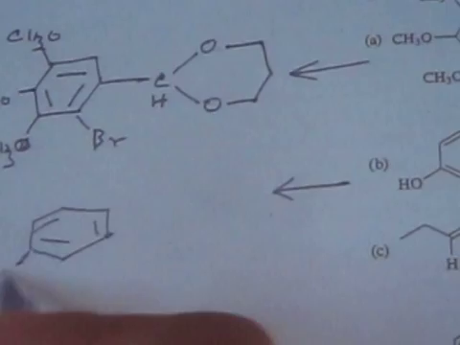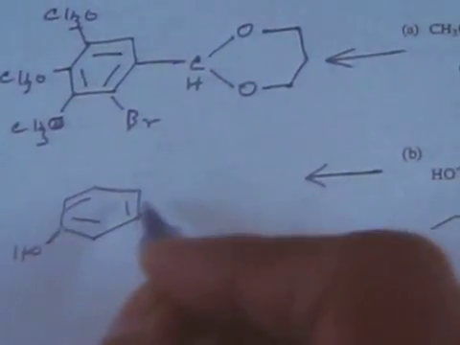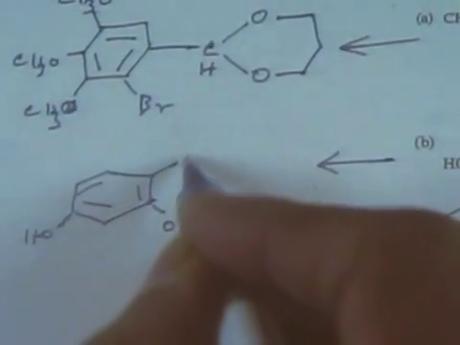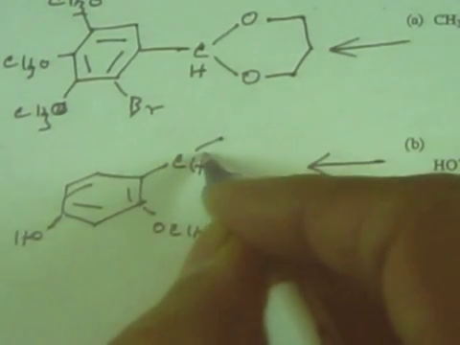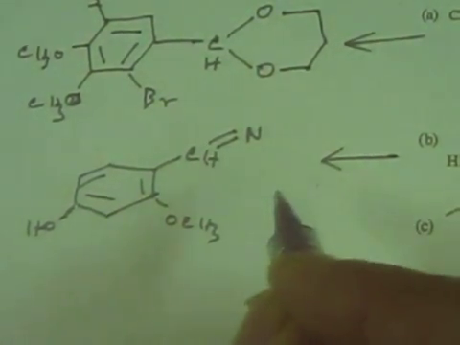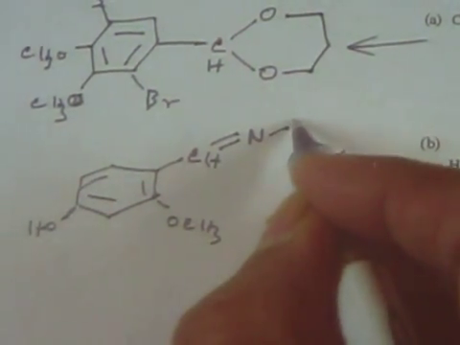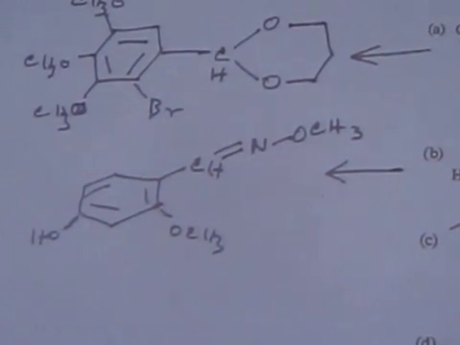Again, we leave everything intact. This carbon now is going to form a double bond with the nitrogen, the water is taken out, and nitrogen is attached to an OCH3 group. So this will be the product.